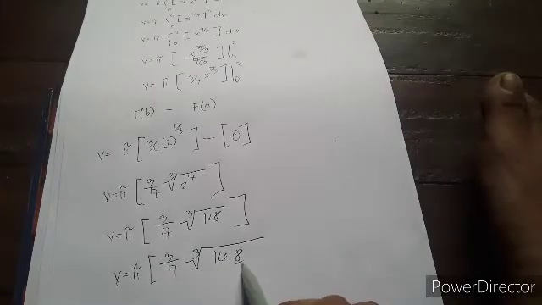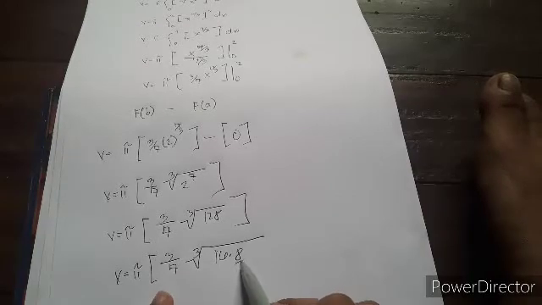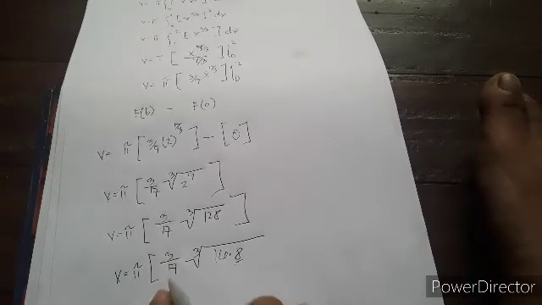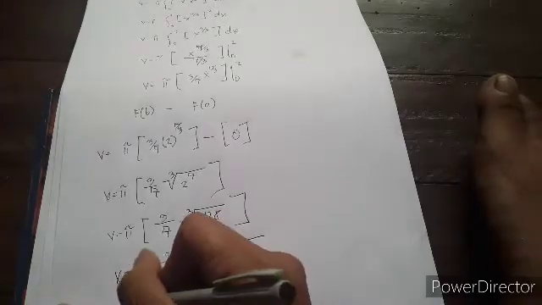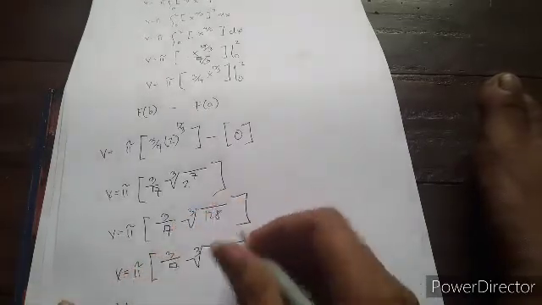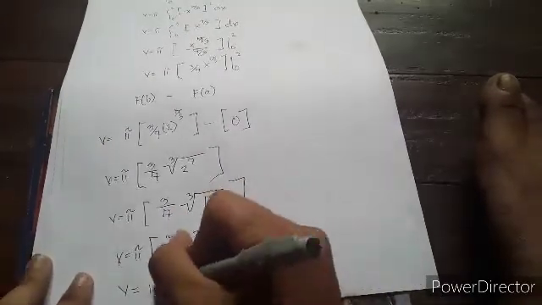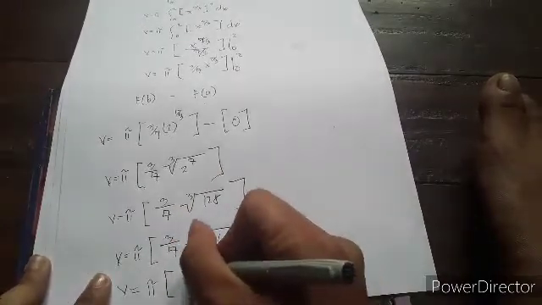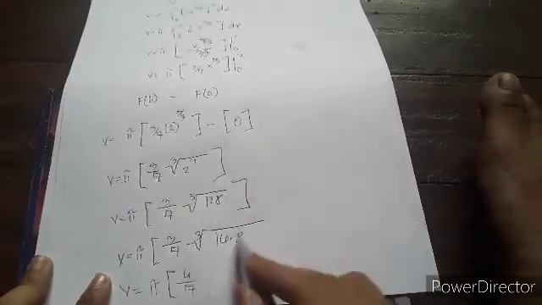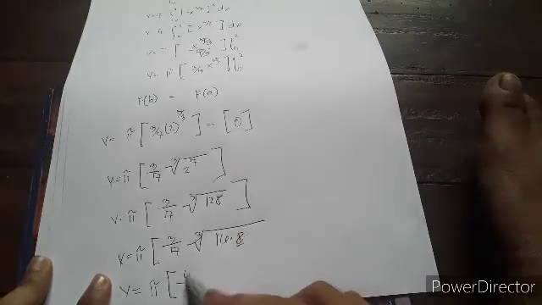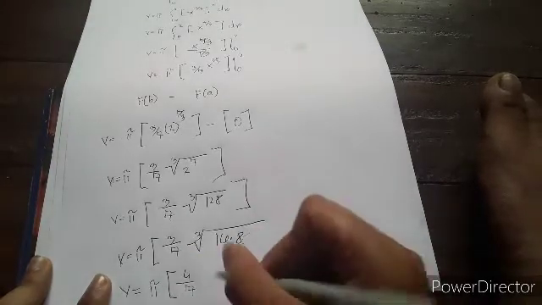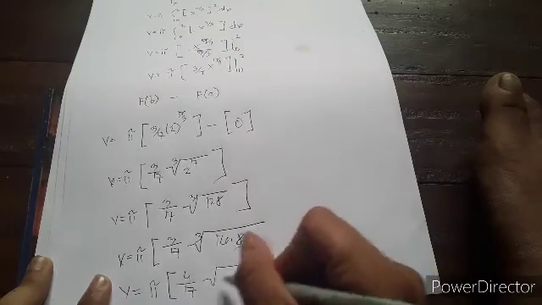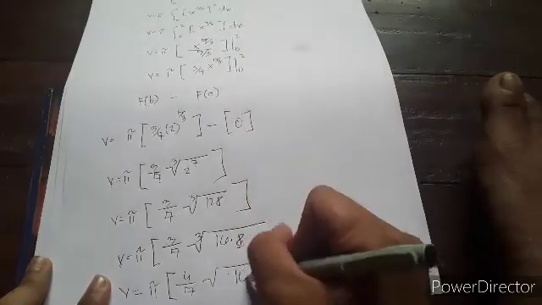So the cube root of 8 is equal to 2. 2 times 3 is equal to 6. So V for now is pi times 6 over 7, coming from the cube root of 8, times 3 is 6, and then the remaining inside the radical sign is 16.